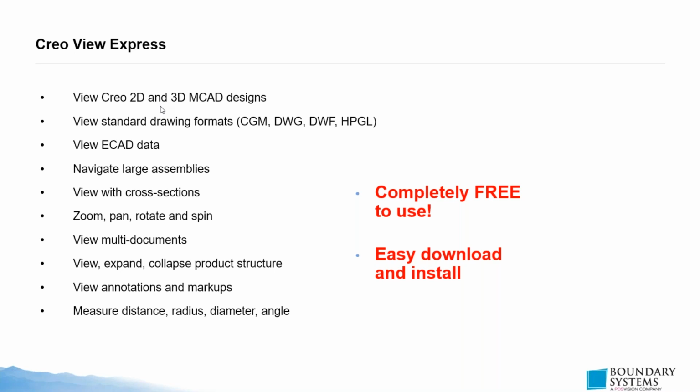So if your company does anything with Creo and you personally do not have Creo Parametric, the entire big Creo suite, you can use Creo View to still look at these models, get some idea of what they look like. You can use the measure tool to actually see how big an angle is, how wide something is, get an idea of exactly how big the model is in space.